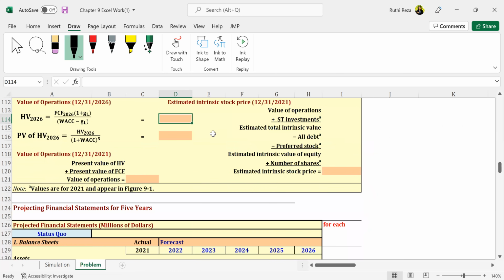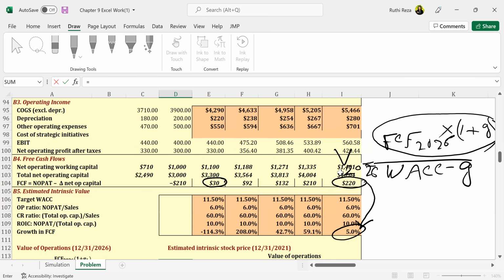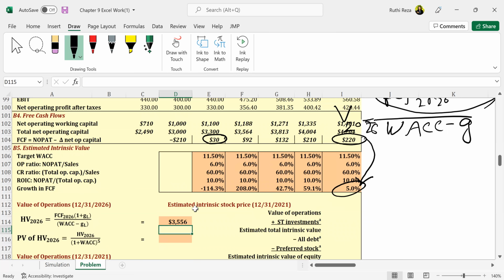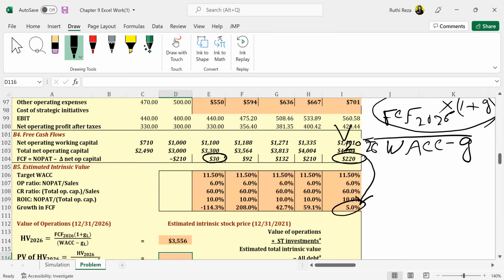So equal our free cash flow to the firm, then times 1 plus growth rate divided by weighted average cost of capital minus growth rate. Right. So this is the value we get in the year 2026.